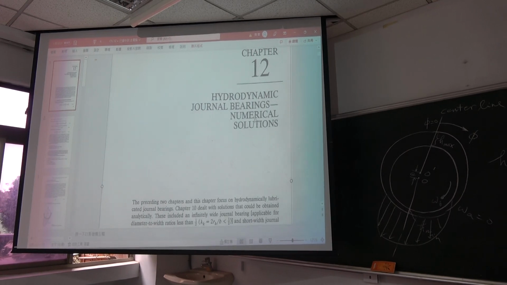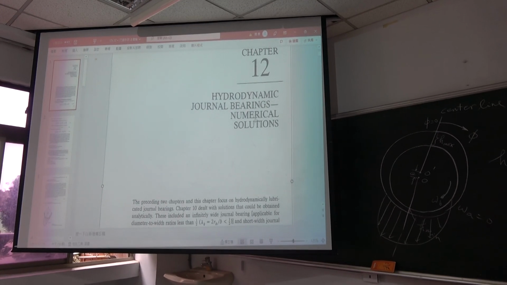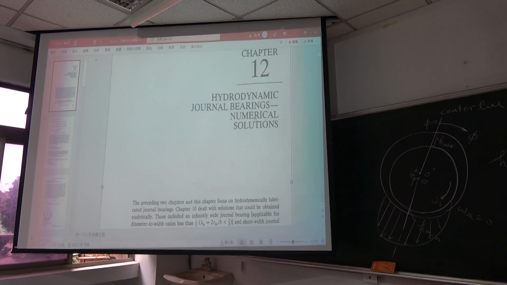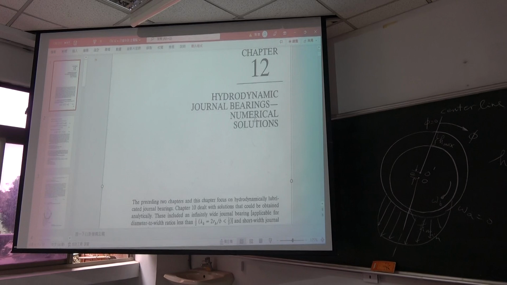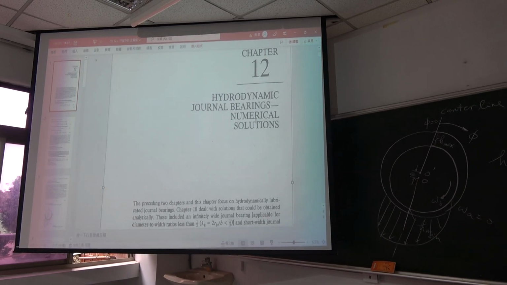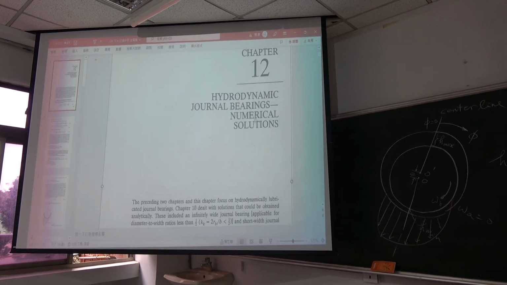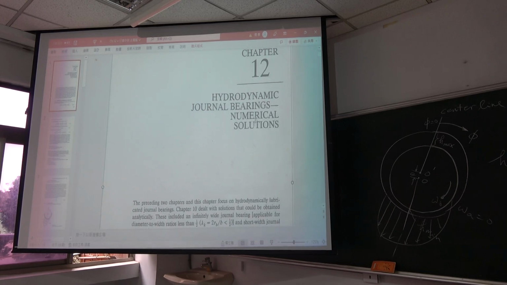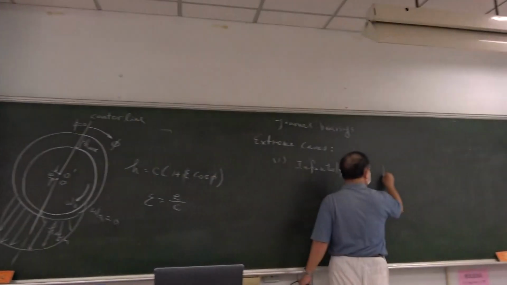journal bearing. Okay. First case, infinitely short. Mean B small.